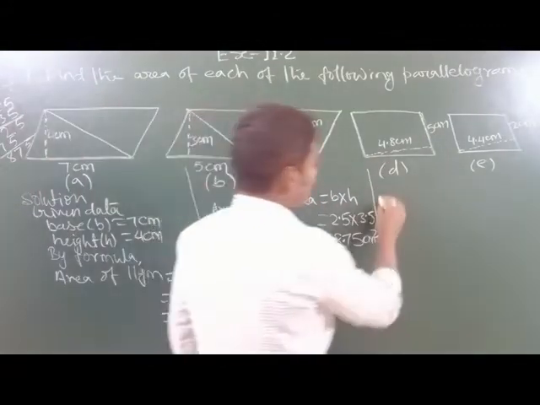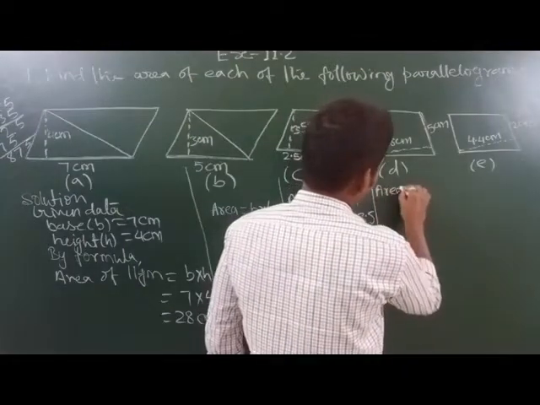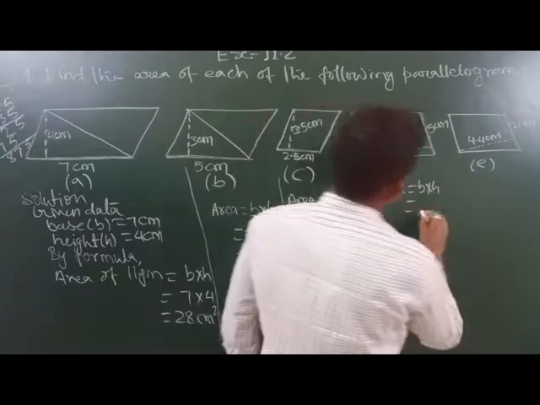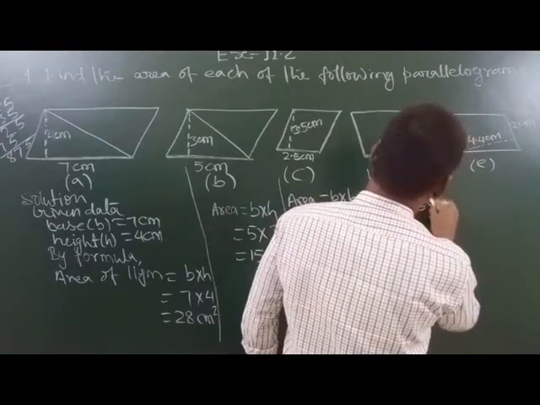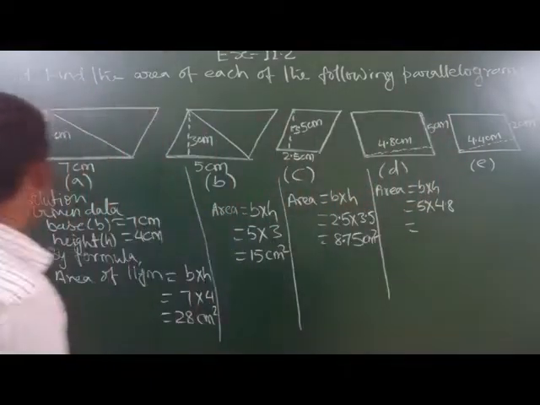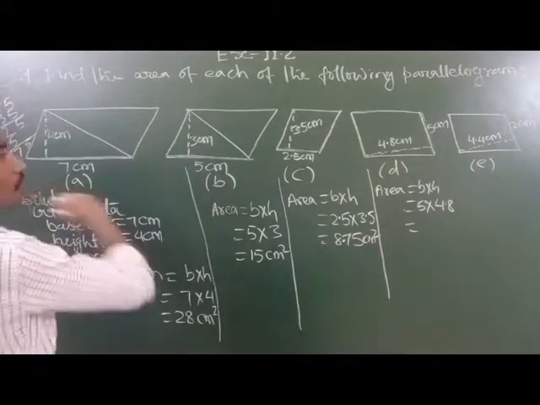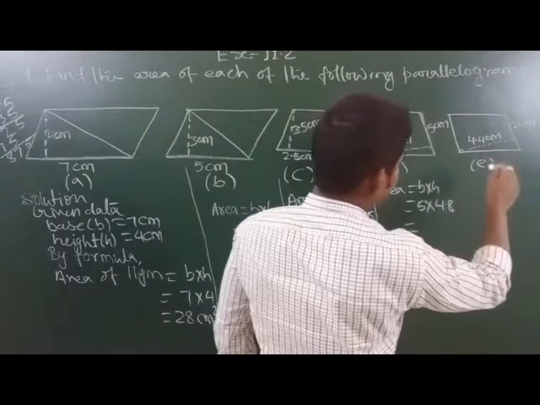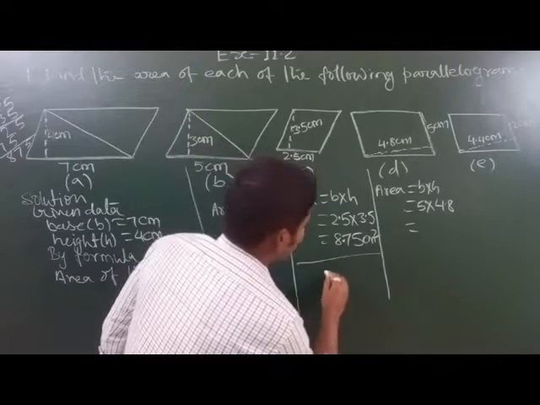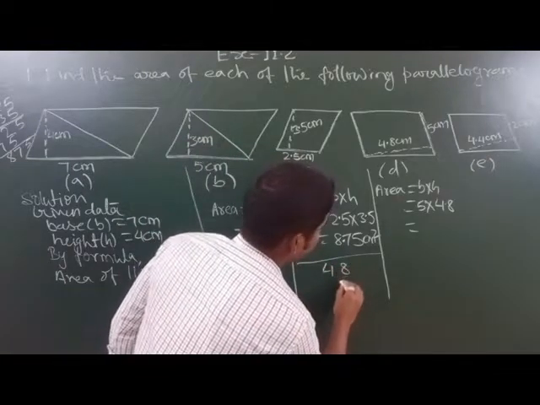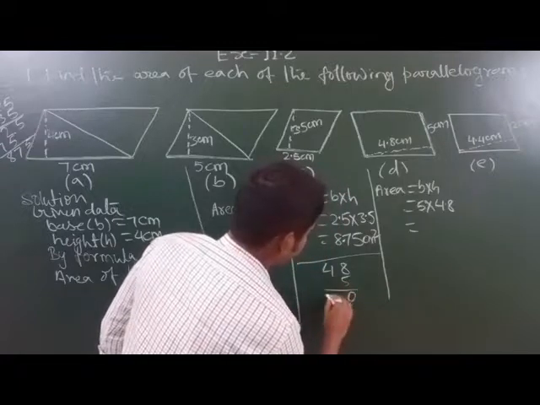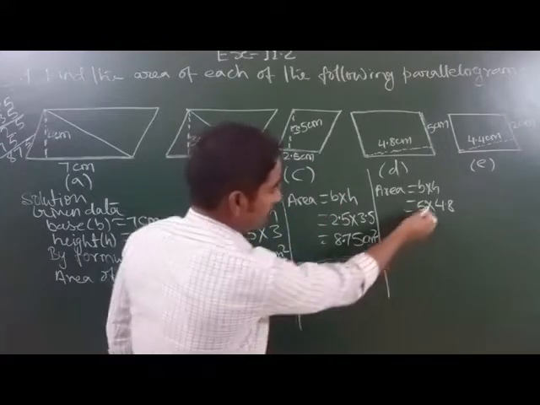Now moving to next. Here if you calculate the area, base into height again. Here base is given 5 centimeter, students, and height is given 4.8. So multiply it. I am going to multiply 48 into 5. 8 fives are 40, 5 fours are 20 plus 4, 24.